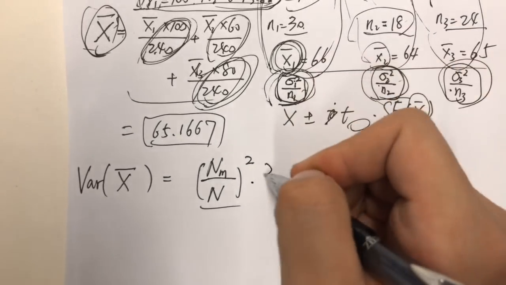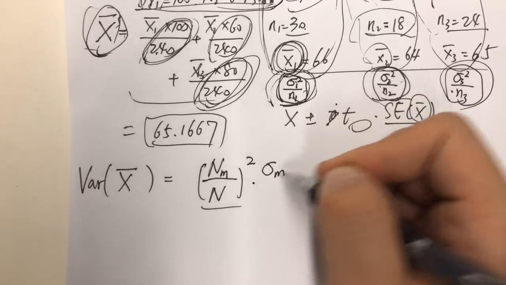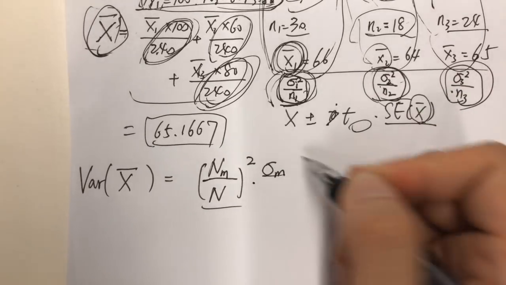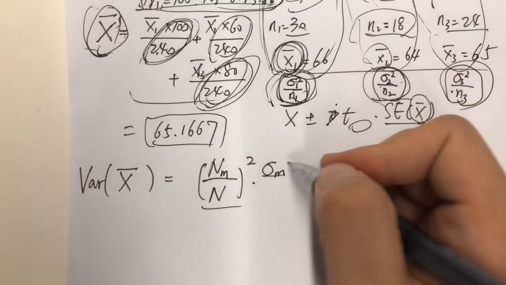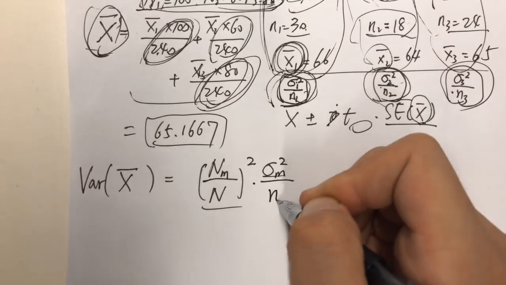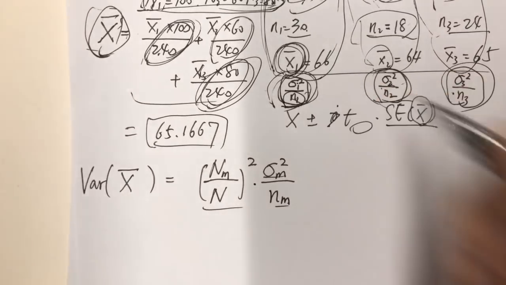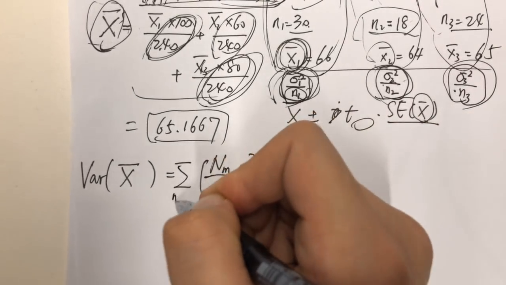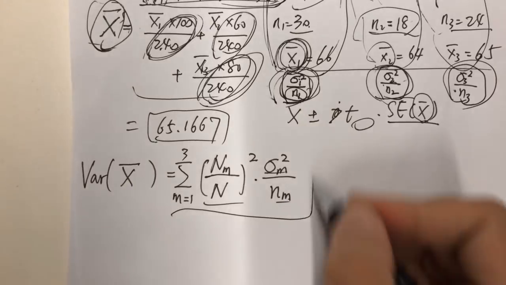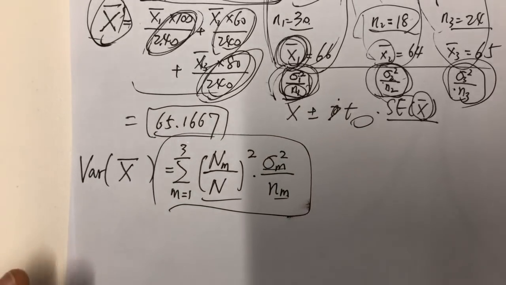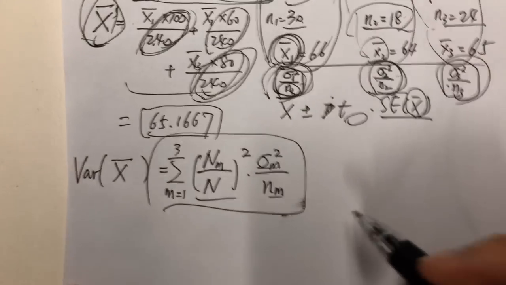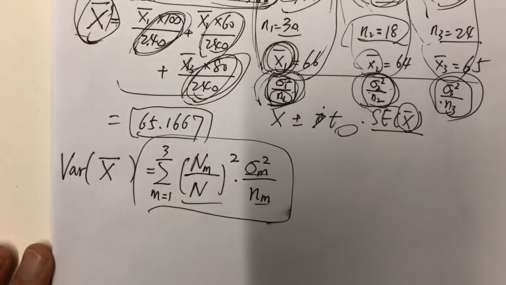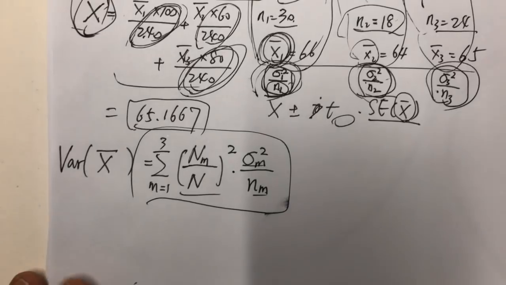And times sigma m squared, which stands for the variance of each population, divided by nm, where nm stands for the sample size. And we take a sum of it, m from 1 to 3. So this is exactly your formula, I guess. Am I right? I'm not sure. I just read it once, so I guess it's right, because it makes sense.